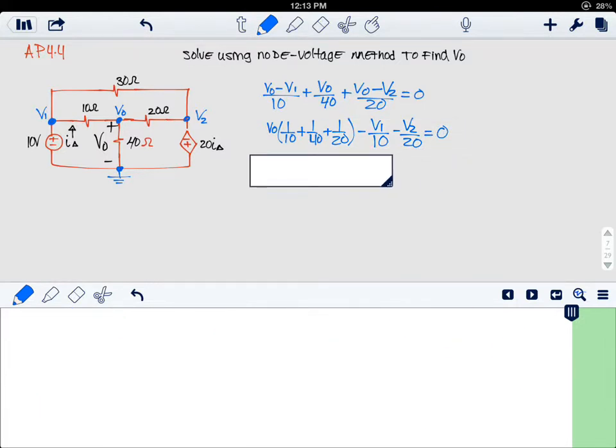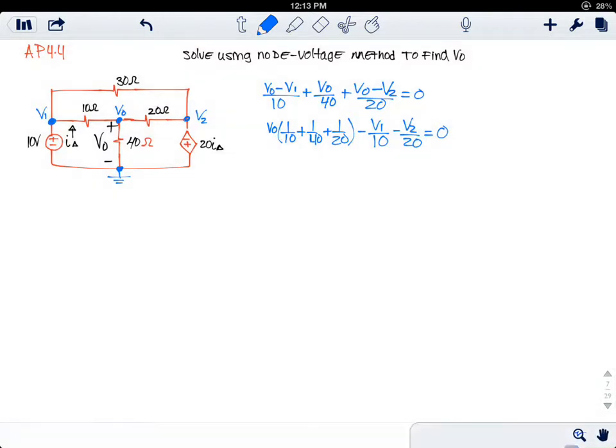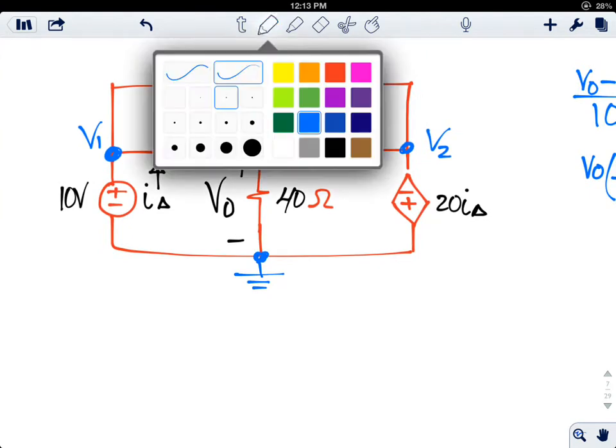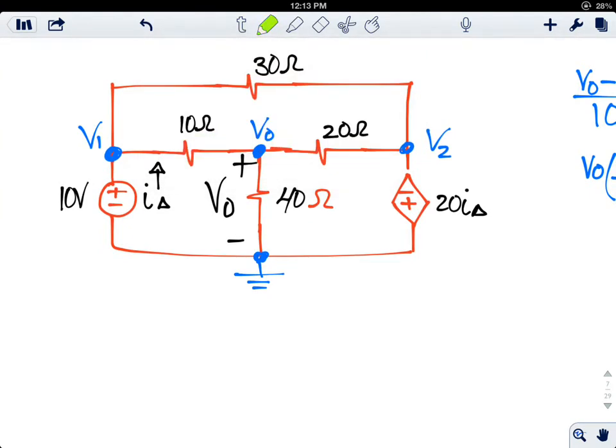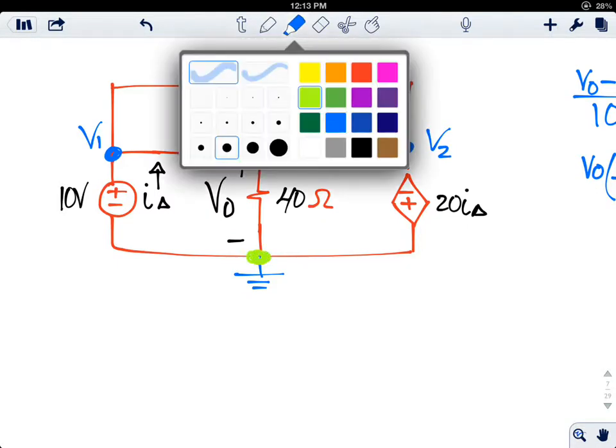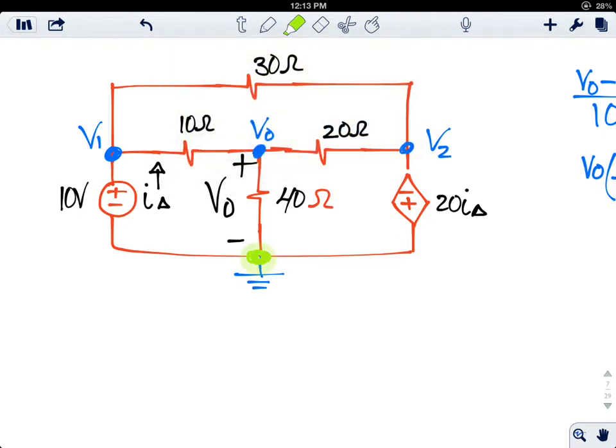Now, there are 2 things that we have to notice from this figure. The voltage from the reference, 0, from ground to this node right here is in parallel with this voltage.